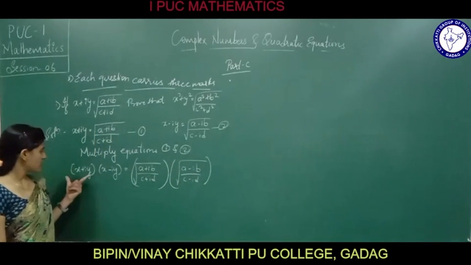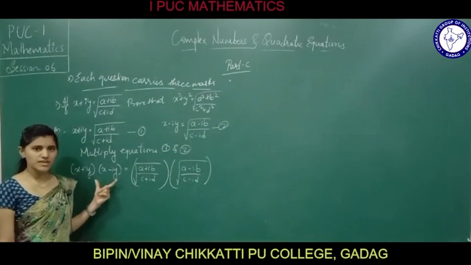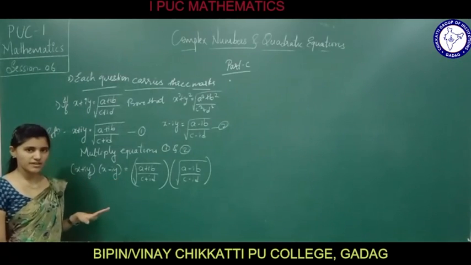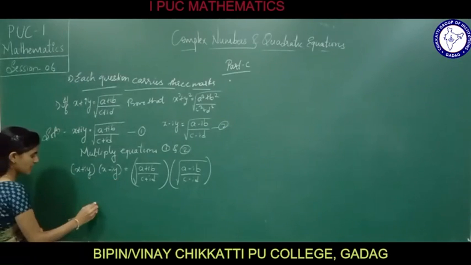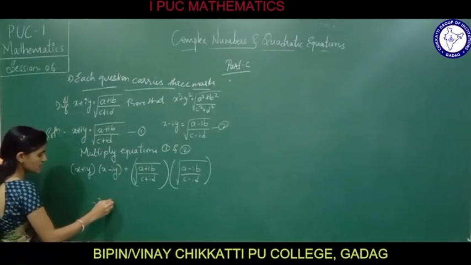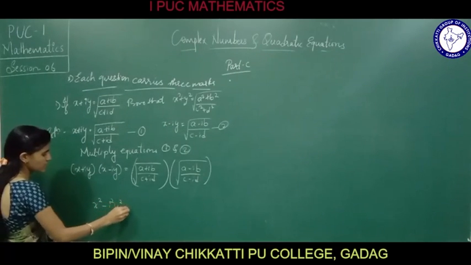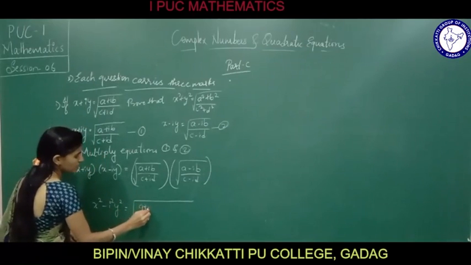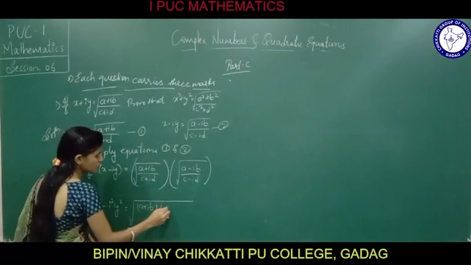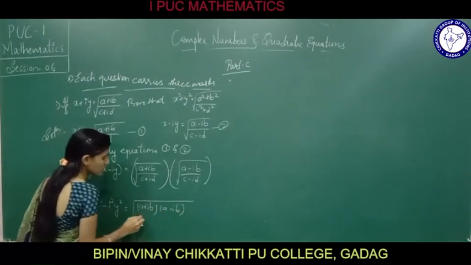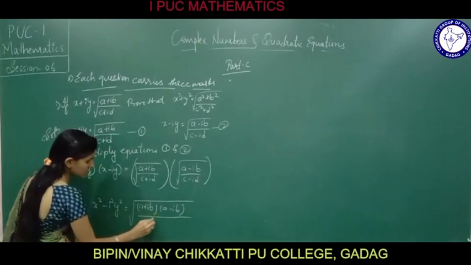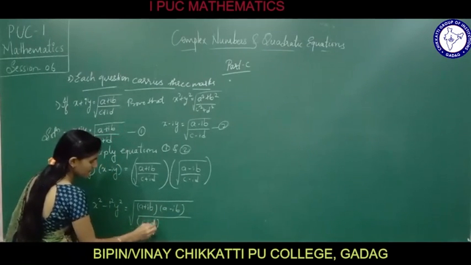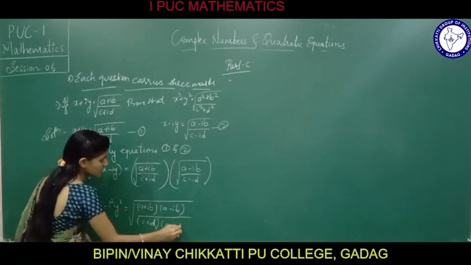It is of the form a plus b into a minus b, nothing but a square minus b square, right? Same way, x square minus i square y square will be equal to root of a plus ib into a minus ib divided by c plus id into c minus id.